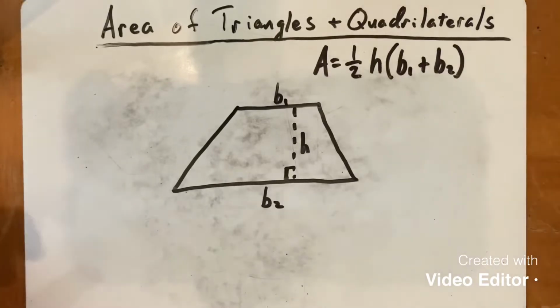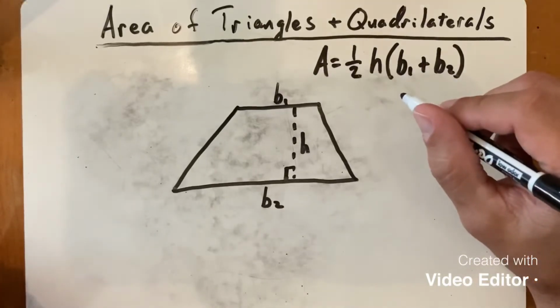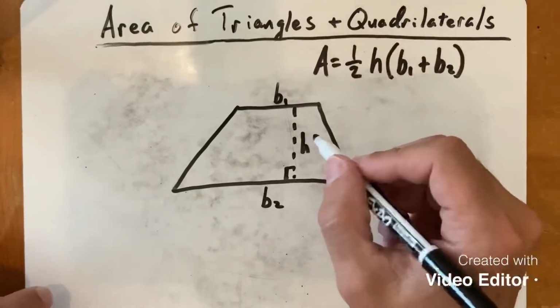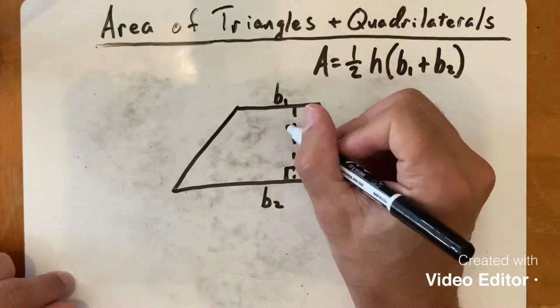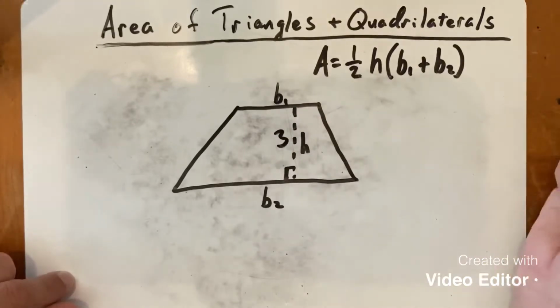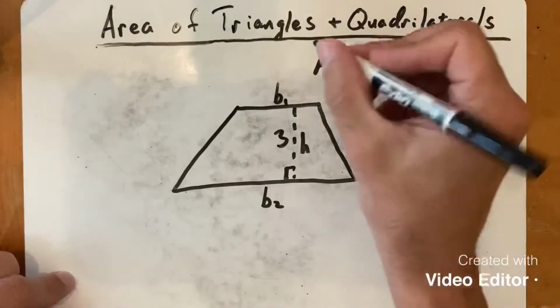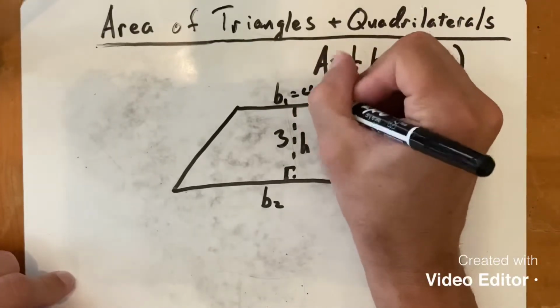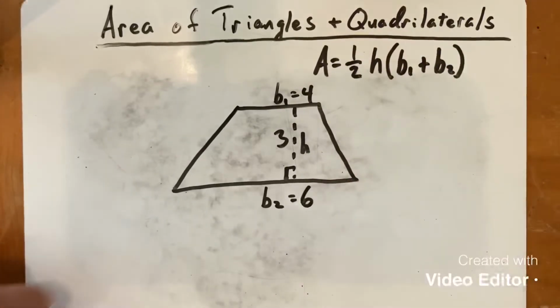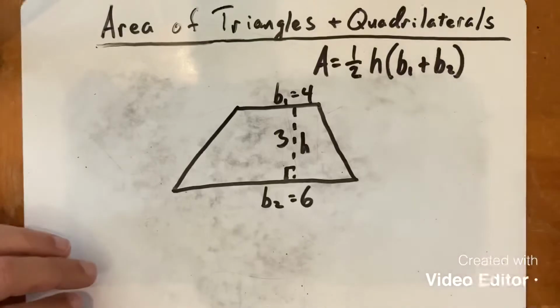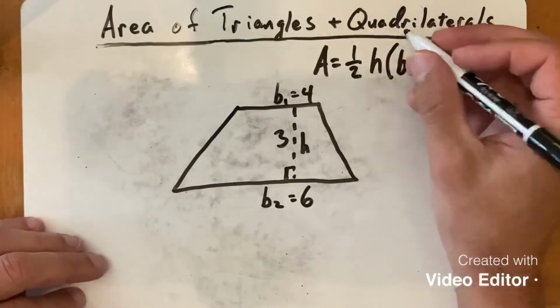Okay, so let's do a quick example of that. Let's say that your height is equal to 3, and our bases are equal to 4 and 6. We're going to plug that into our equation and solve for the area.